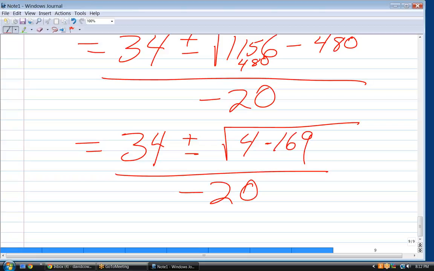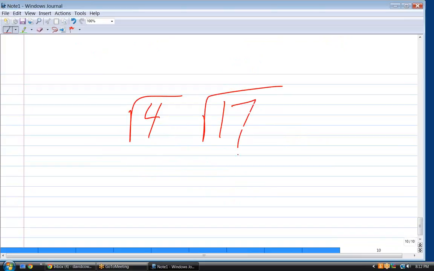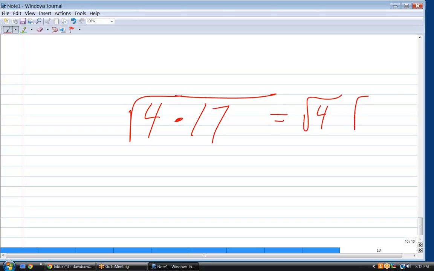Doesn't matter if I did the math right or not. Even if I made a mistake, it doesn't matter. This 4 I can take out as a 2 now. You familiar with this process? No, not at all. Okay. I can do it because if I have 4 times the square root of 17 inside the radical, that's the same thing as the square root of 4 times the square root of 17.